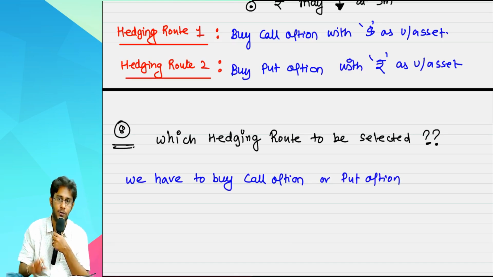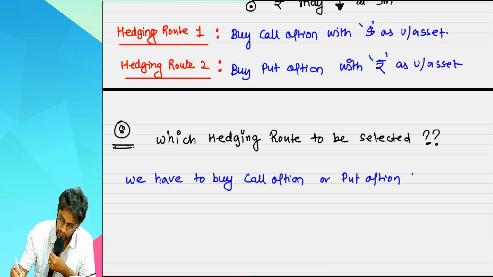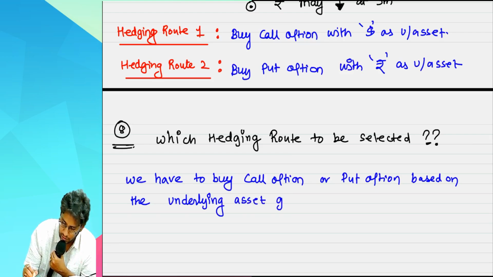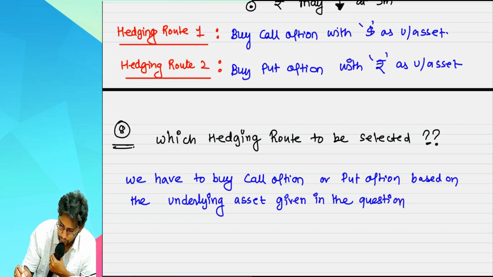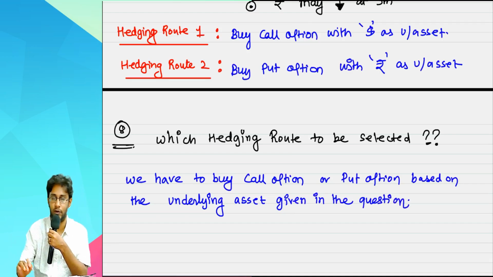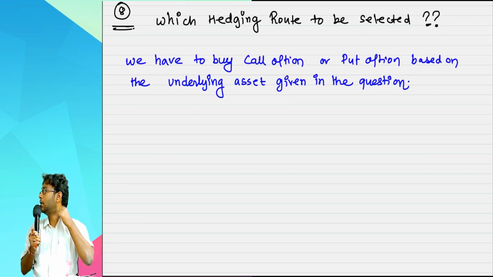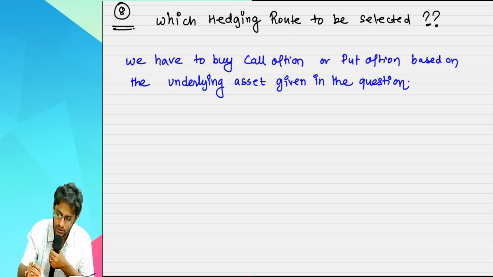Definitely you have to buy a call option or a put option based on the underlying asset given in the question. This is the examination point of view, not real time. In real life you will sit and decide what is beneficial for you. But in the exam, go and check what your underlying asset data is.